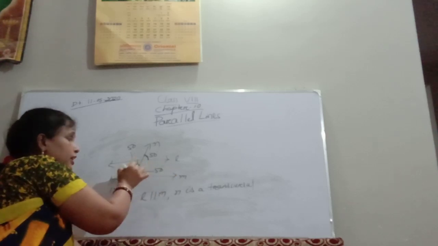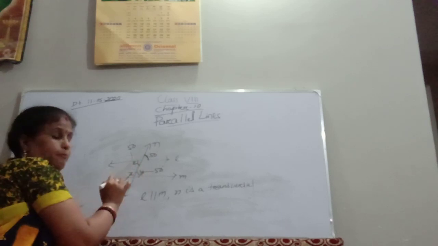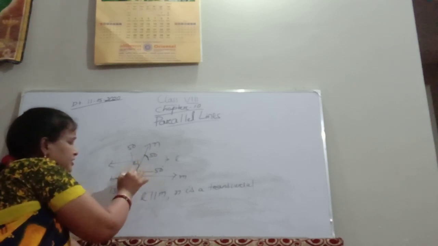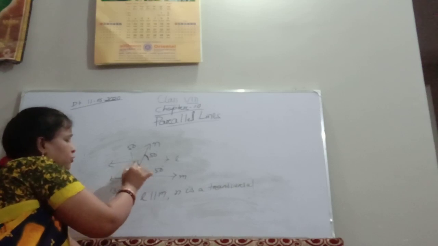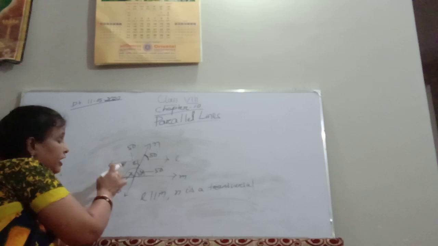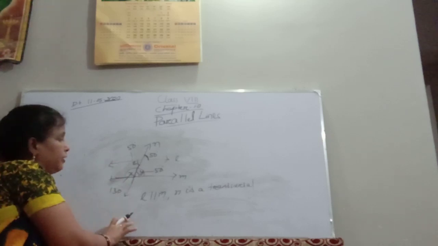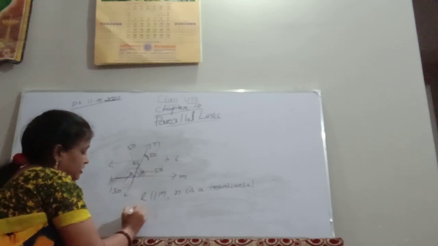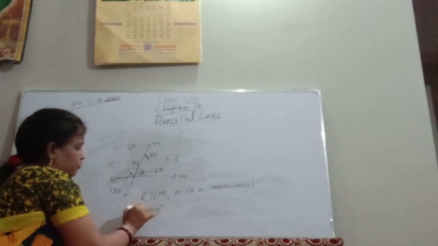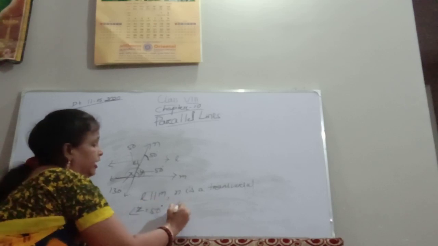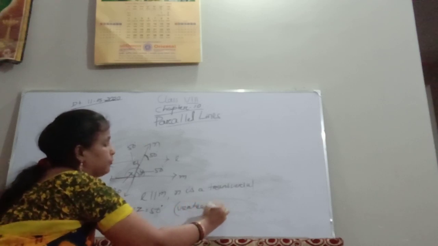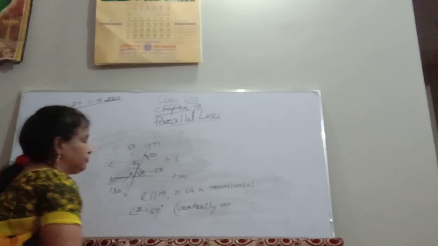I can use the supplementary property, or you can use this: this is a line, this is a line, here is the point, so these 2 angles are a linear pair. By this property you can find the angle x. But one thing you must remember: whenever you find angle z is equal to 50, I write it like this, and here you must mention why z is 50. It is a vertically opposite angle, you have to mention it.